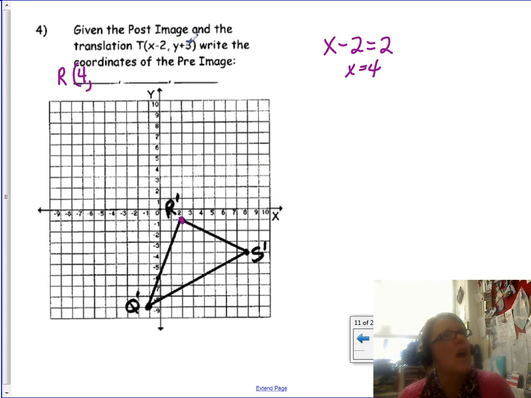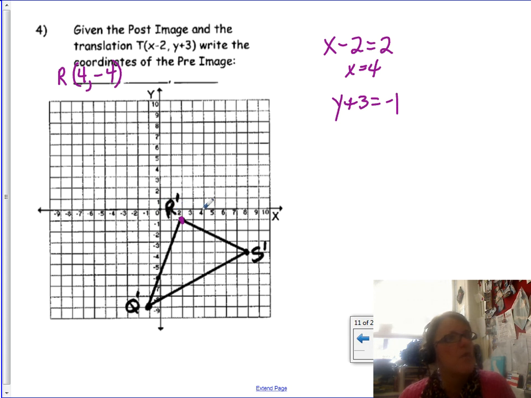And then the Y coordinate, from my original, I added 3. So wherever I started, and I landed here, I had gone up 3 and I landed at a level of -1. So Y plus 3 equals this -1. You can just think about this. I must have started down here at a level of -4.